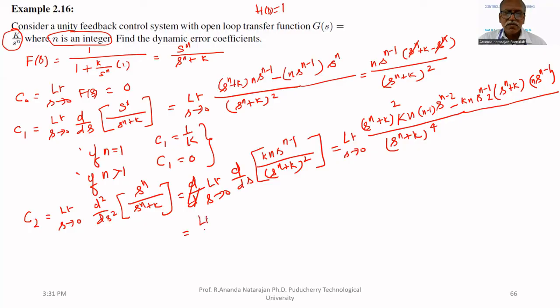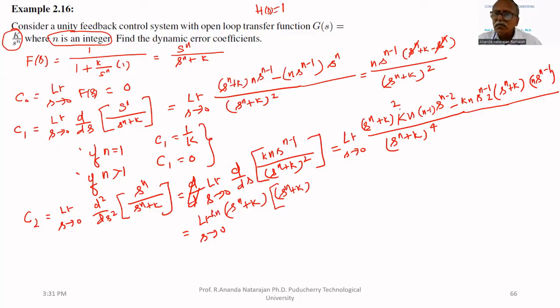That is equal to limit s tends to 0 of s power n minus 1. What are the common terms? S power n plus k is common, it is in both, so we can take that out. K n is also common.